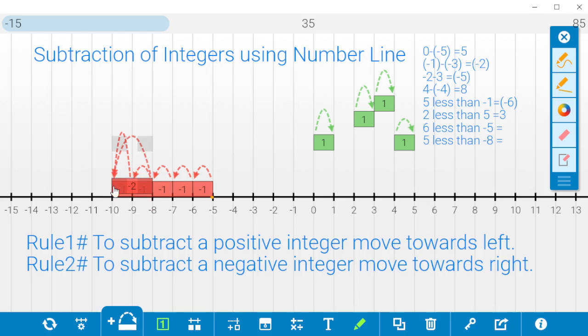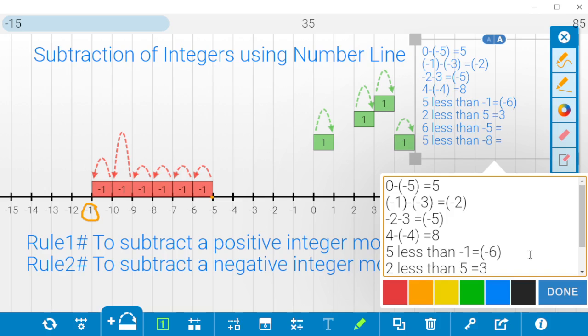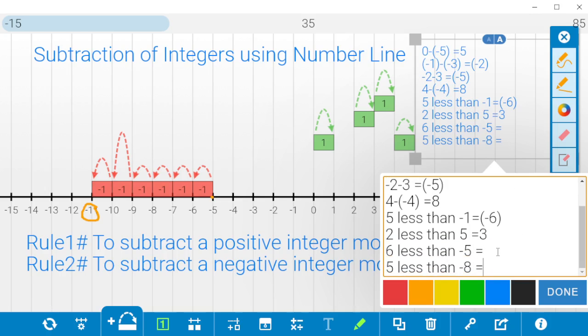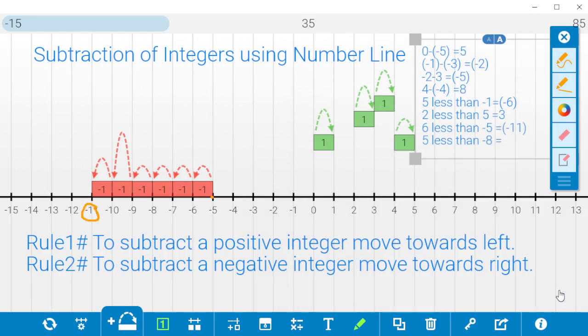Here we have reached minus 11. So this is how we have done 6 less than minus 5, and we are here with minus 11. So here it is, minus 11.